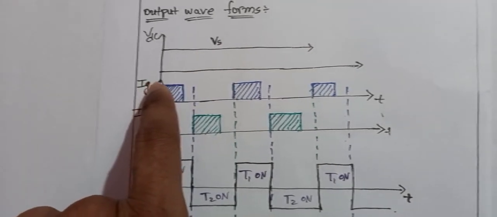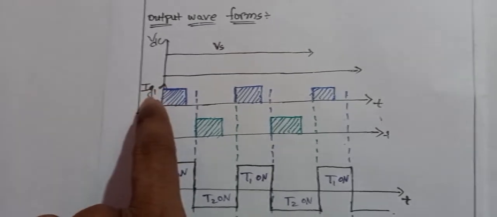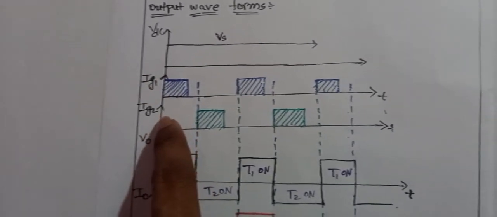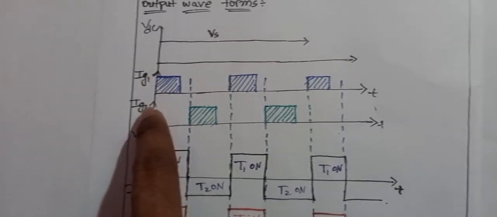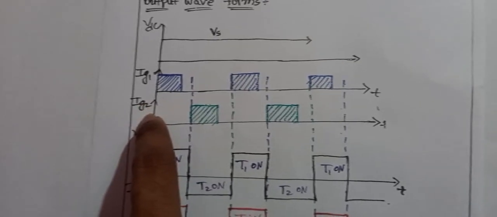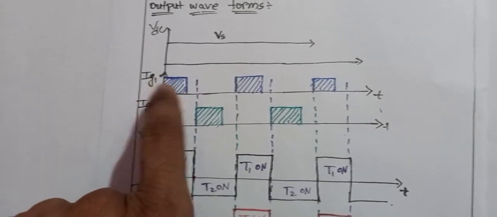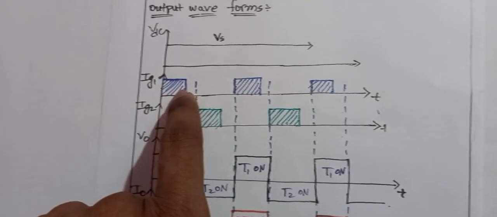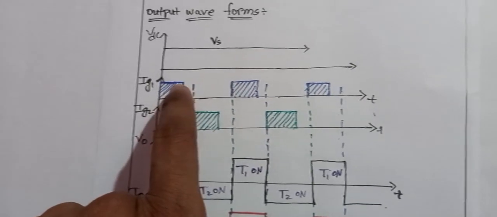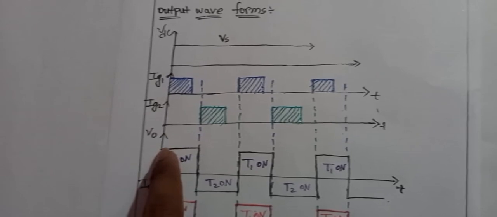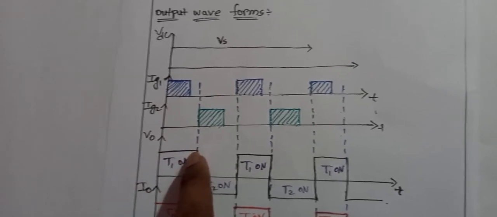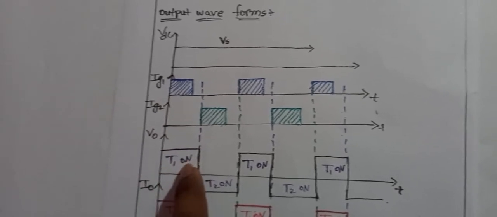The first thyristor we trigger on using IG1, and the second thyristor we trigger on using the IG2 gate. When IG1 turns on the first thyristor, in the first half cycle the output voltage goes to maximum. That is T1 in turn on condition.